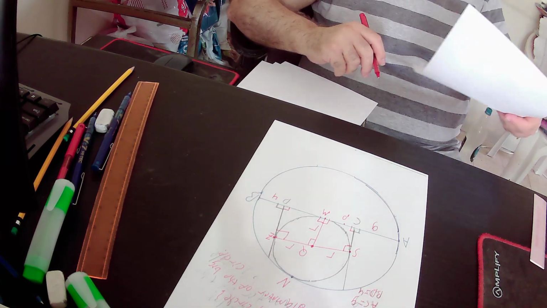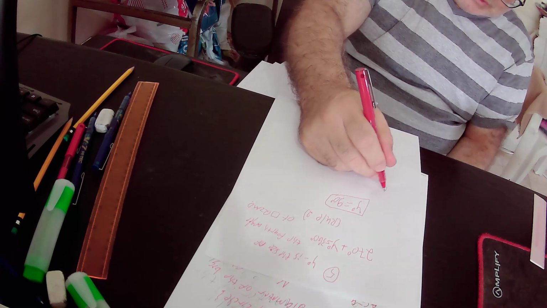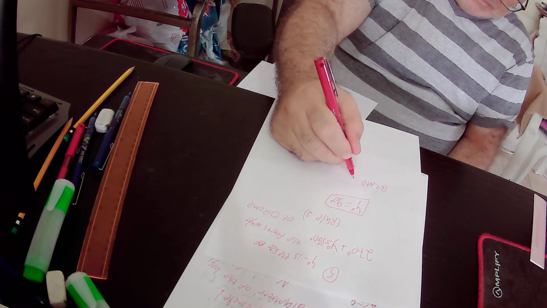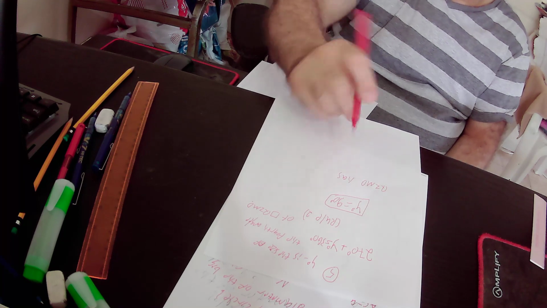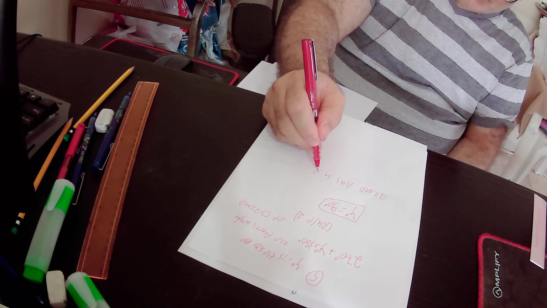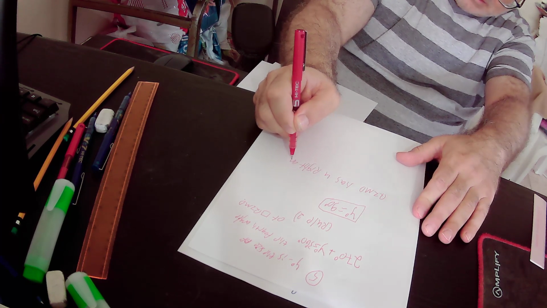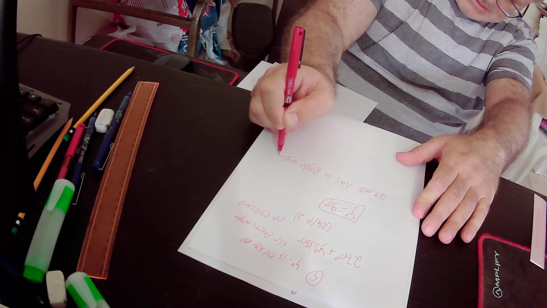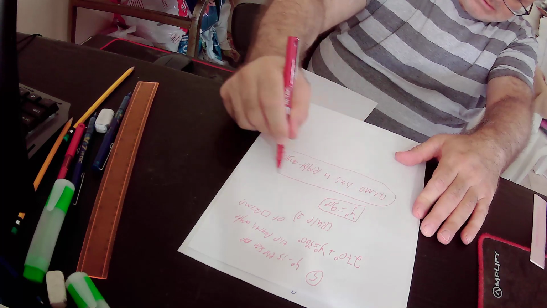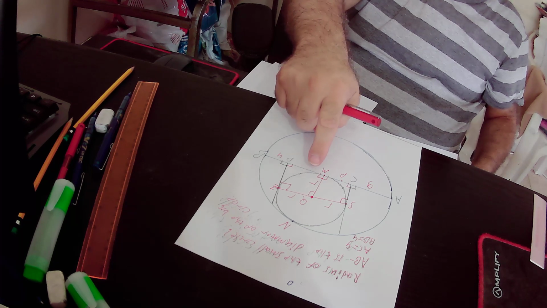So actually quadrilateral QZMD has four right angles.